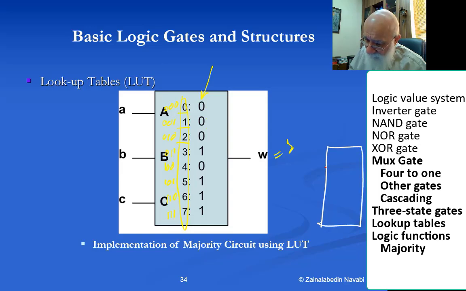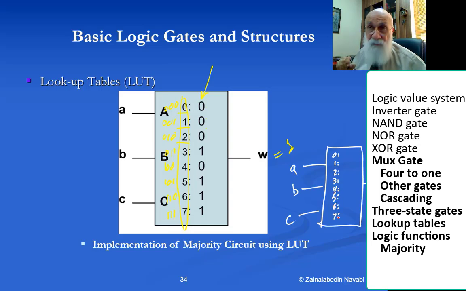W becomes XOR of A, B, C. Okay, what did I say about XOR? I said that the output becomes 1 when the number of ones on the inputs is odd.